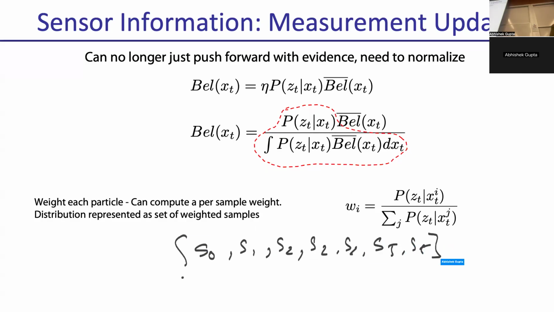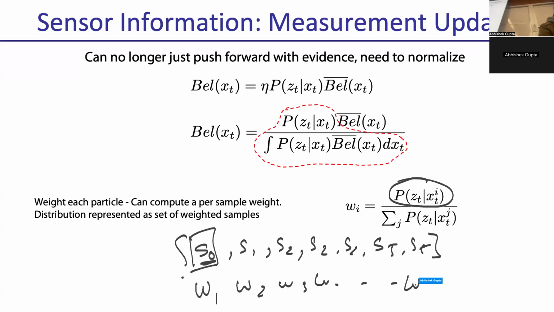For each of these, I'm going to compute this number, P of Z given X. What is the likelihood of the measurement you got if you had actually been at that state S0? That gives me W1, W2, W3, W4, till W, whatever.